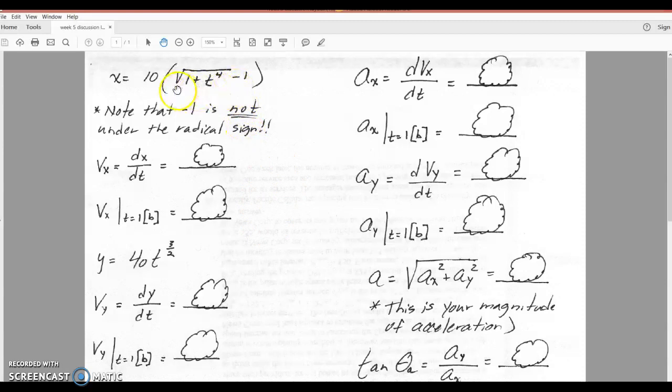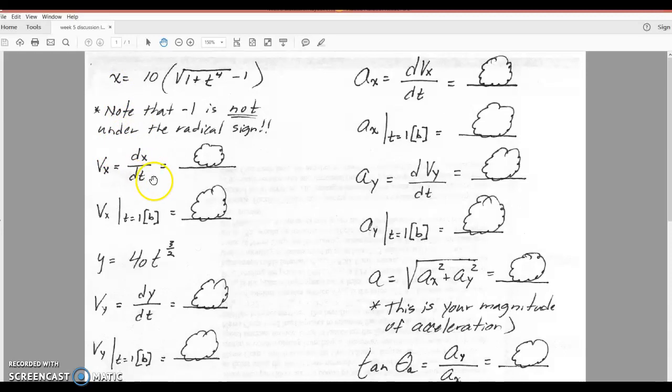You can consider these position equations, and you know that the first derivative of position gives you velocity. So we need velocity in each direction. The velocity is found by taking the derivative of this function with respect to time.